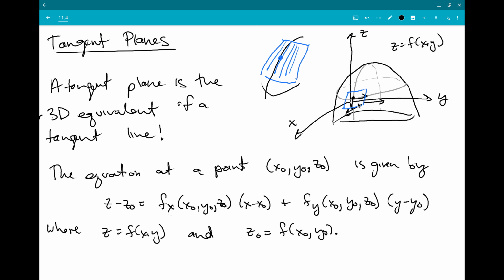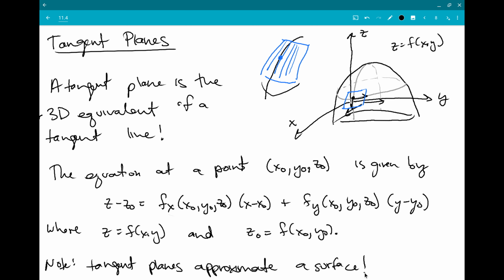We're going to do an example with a tangent plane real quick, but I just want you to note that tangent planes approximate a surface.